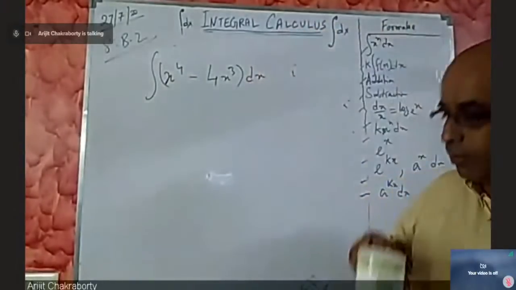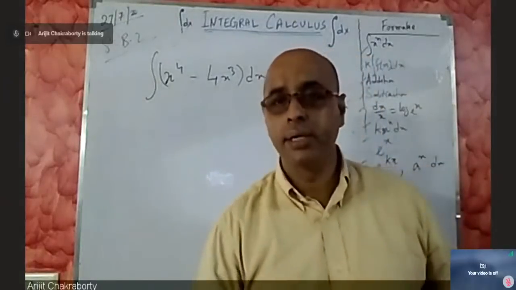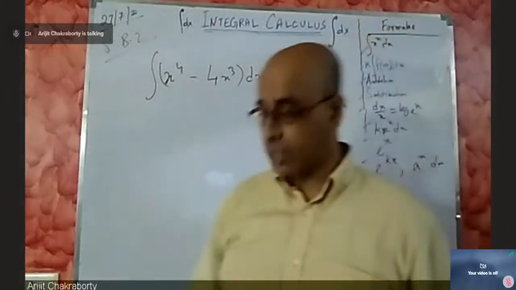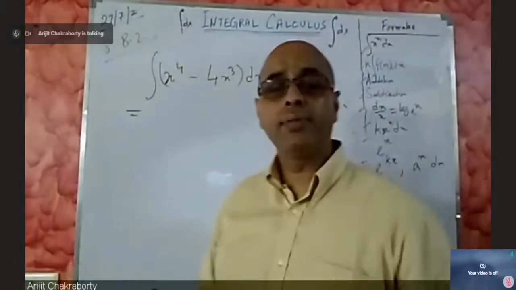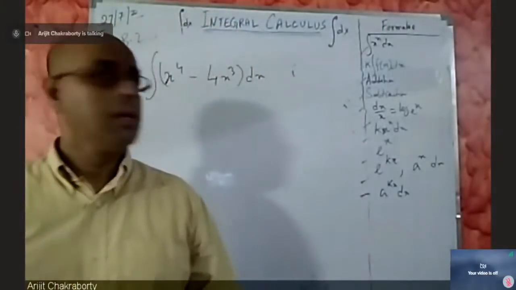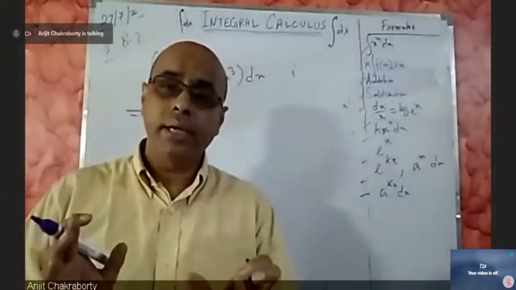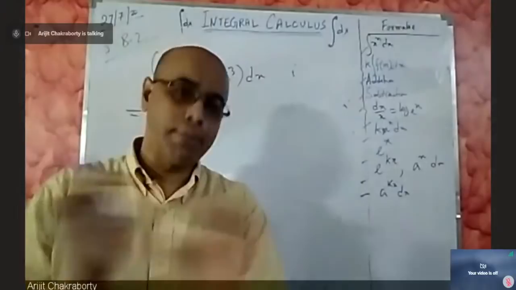Please have a look at the problem. We have to integrate x to the power 4 minus 4x cubed. So what we do is we apply the subtraction rule. The subtraction rule clearly mentions that you have to take the two functions separately and integrate them separately.